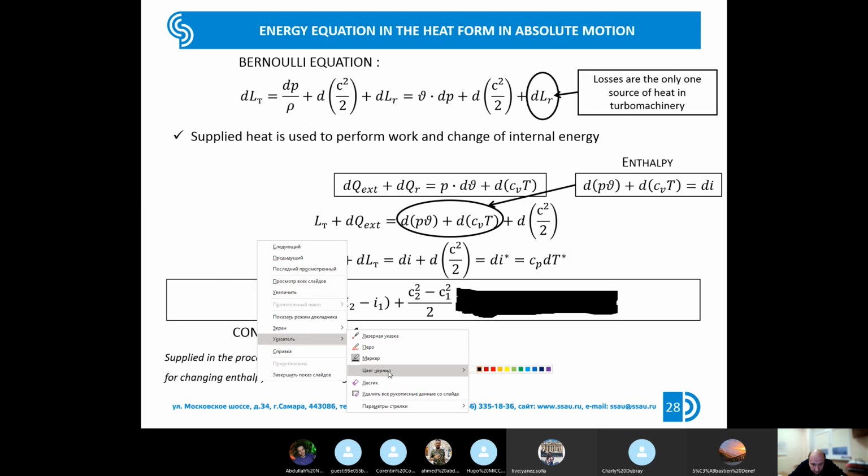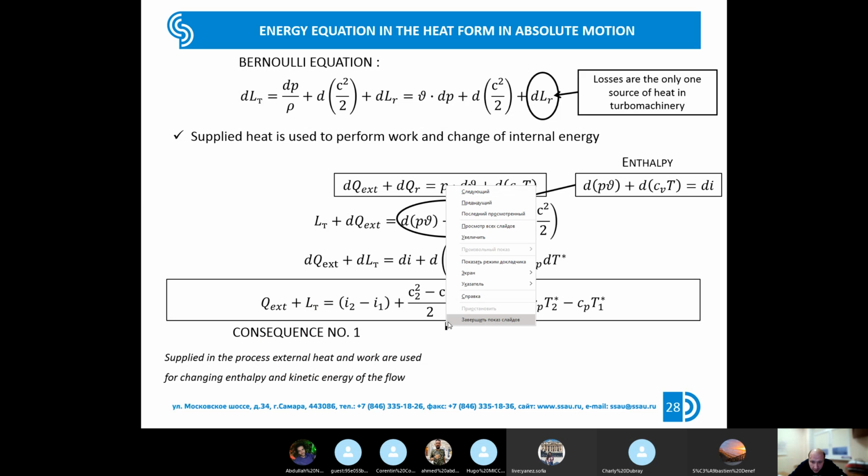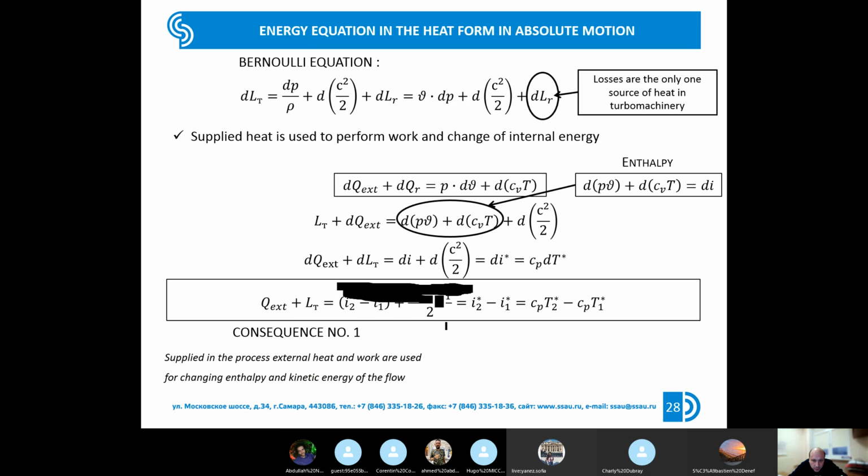The second conclusion. Let's erase this part of the equation. Maybe it's better to erase this part too. Let's simply read this equation without the middle part.